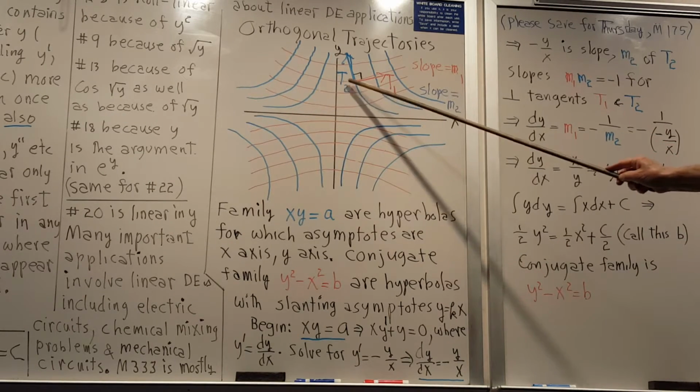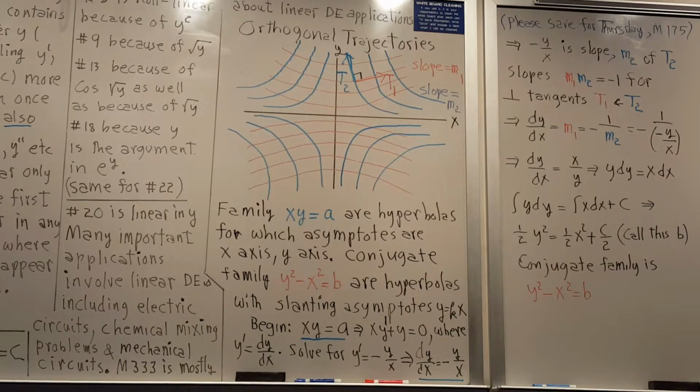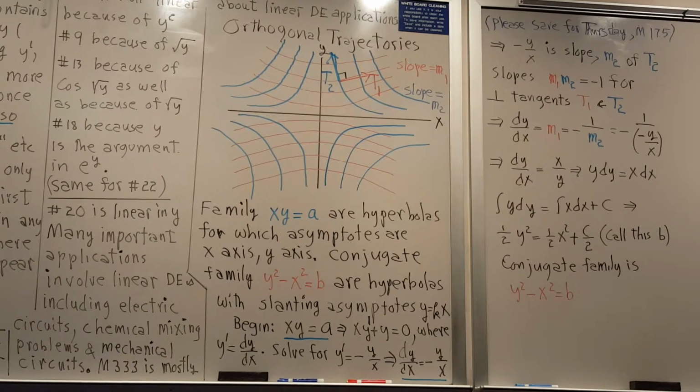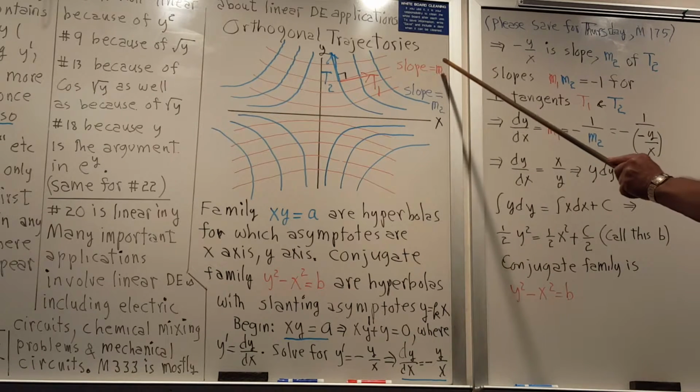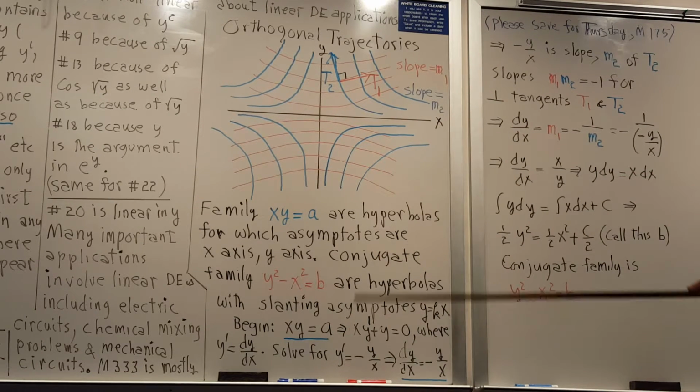So T1 and T2 are perpendicular, and as you know, for perpendicular lines, if they're not vertical or horizontal, you can get slopes, say M1 for the red and M2 for the blue, and the product of the slopes is -1.